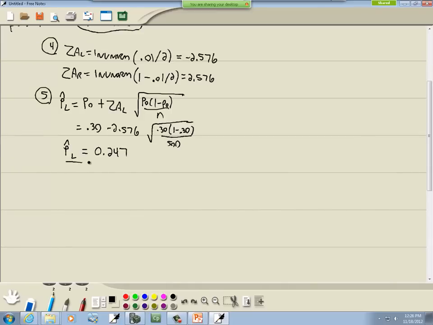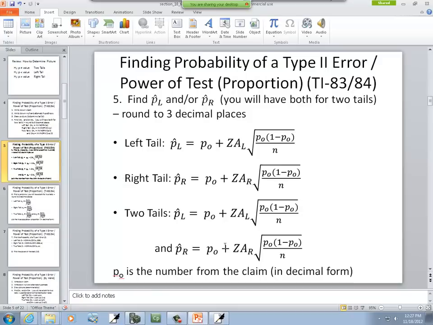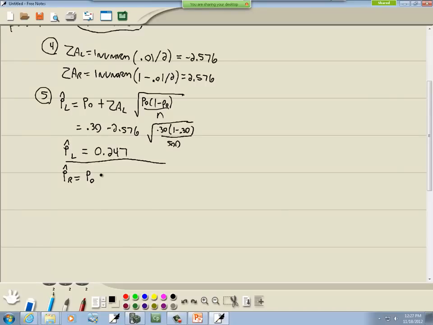Well, now let's find P hat sub R, which should be very similar. You see how P hat sub R is the same except for Z, it's ZA sub R. So we got plus ZA sub R times the square root of P naught times 1 minus P naught divided by N. So we're going to have P naught, which is 0.30 plus 2.576, because that's what ZA sub R is.